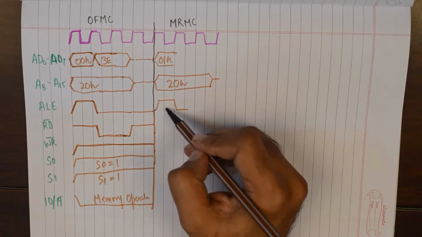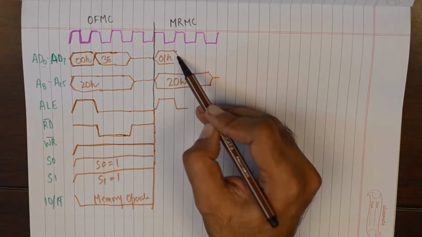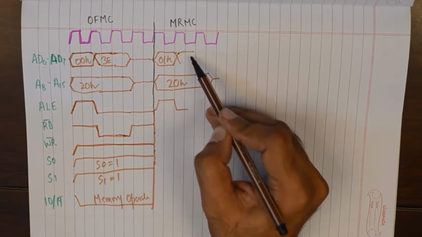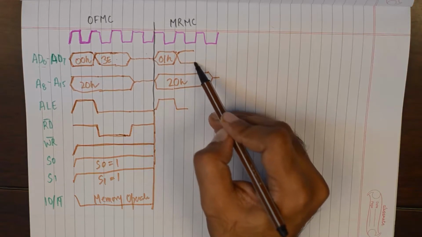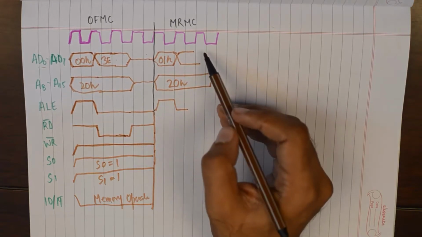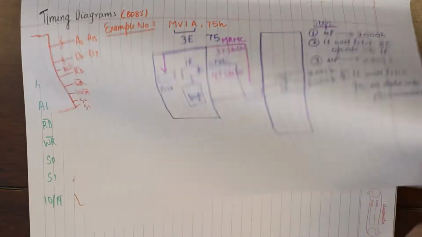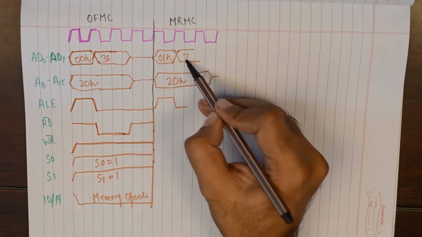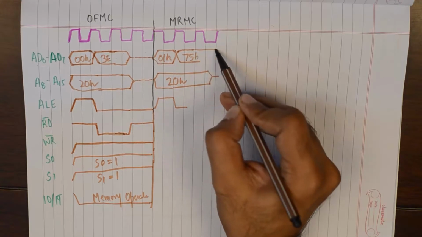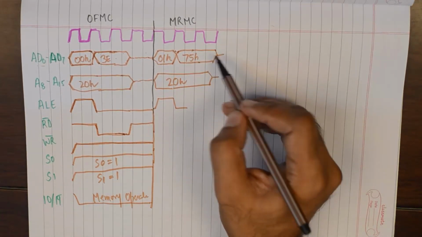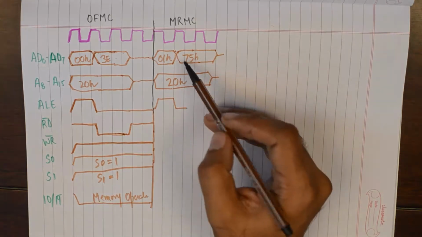ALE should be 1. In the second T state, we toggle the status of address and data lines, and we'll make them data lines, and we'll fetch 75 from 2001. We'll fetch it and we'll place it in the microprocessor in the third T state.